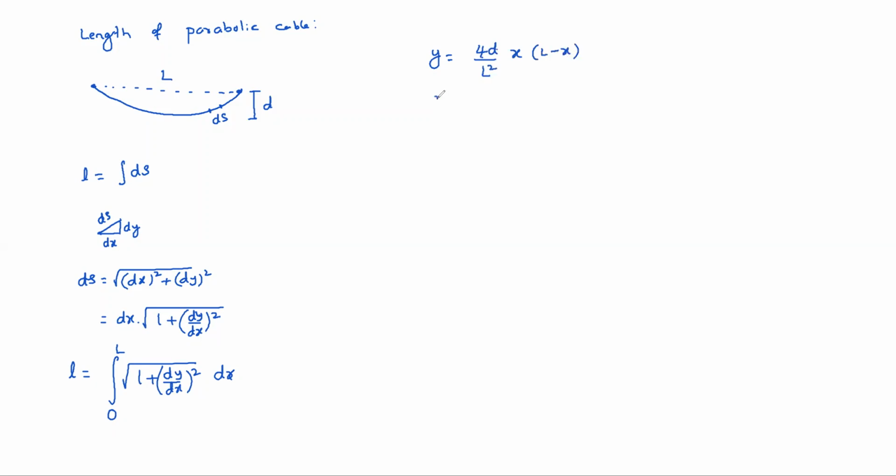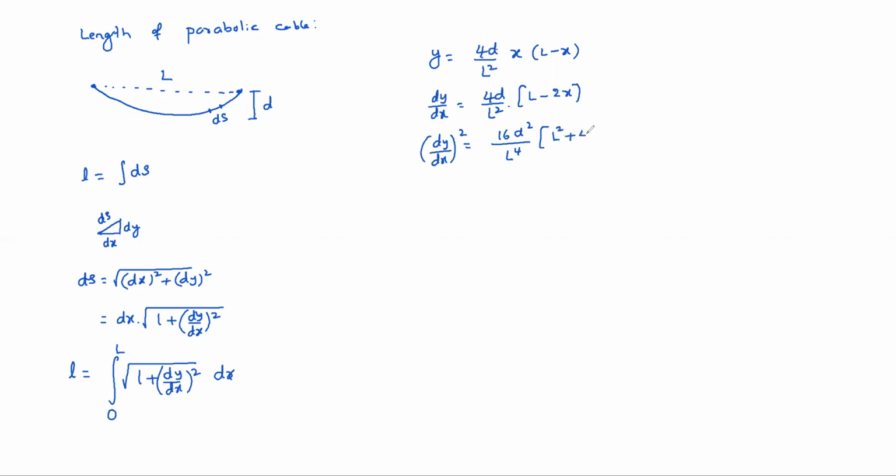What about dy by dx? 4d by L square into L minus 2x. What is dy by dx whole square?